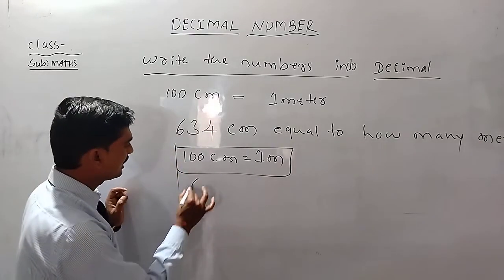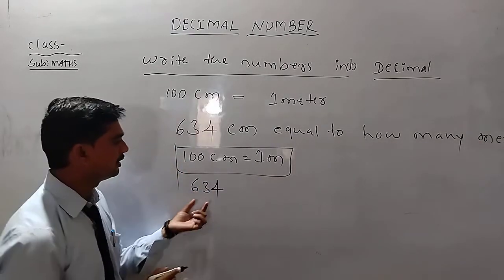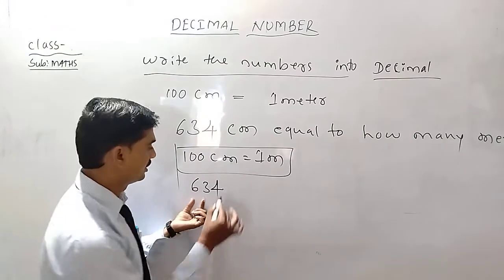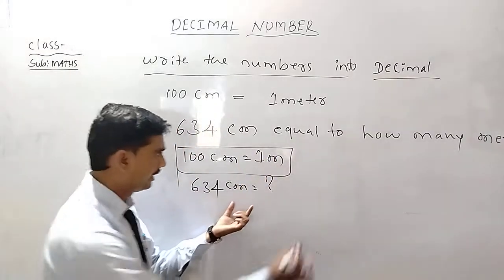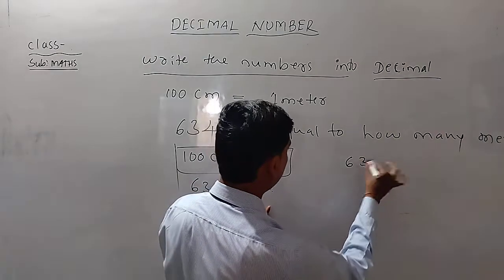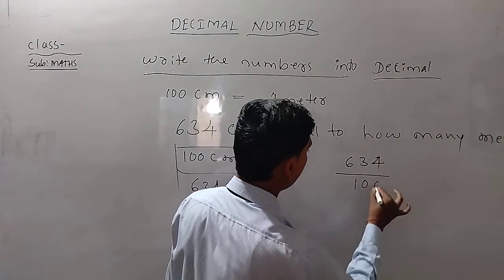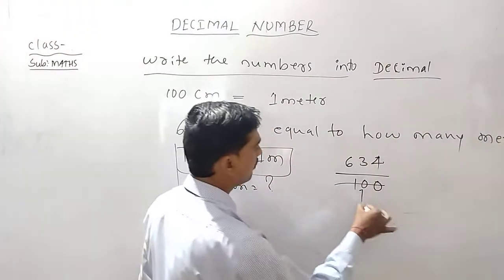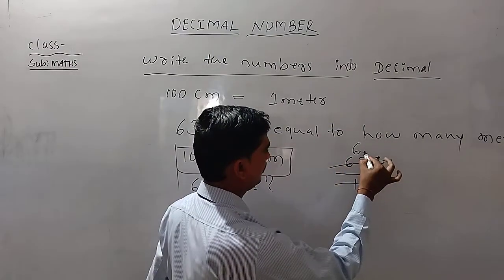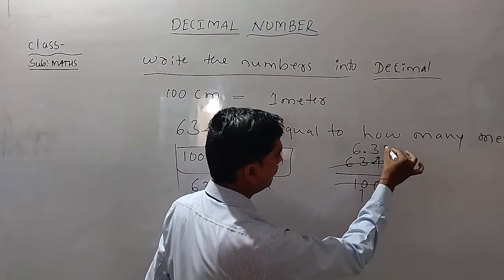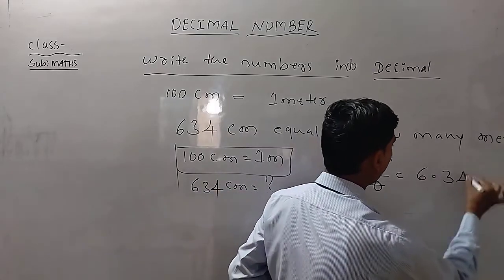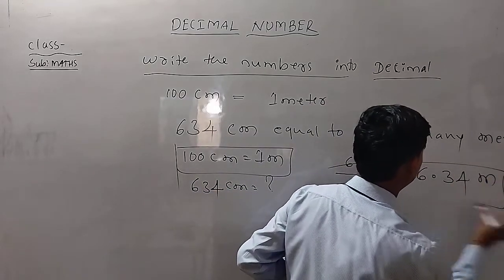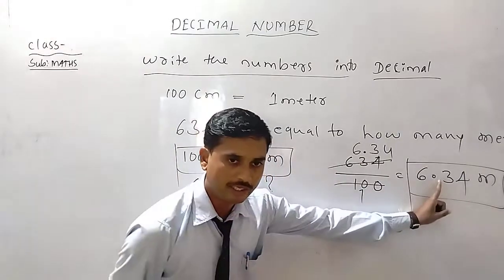Then 634 cm equal to how many meter? 634 divided by 100. 100 ones are 100, six, keep your point and take 3 and 4. It is 6.34 meter. Here also a decimal point is there.